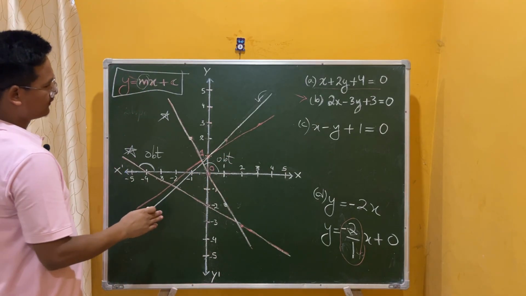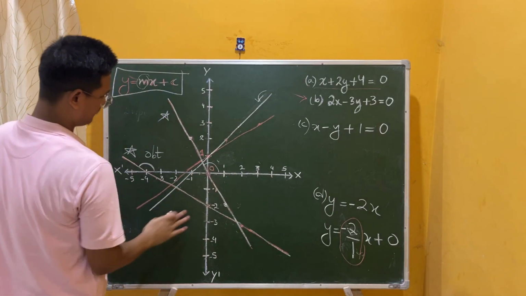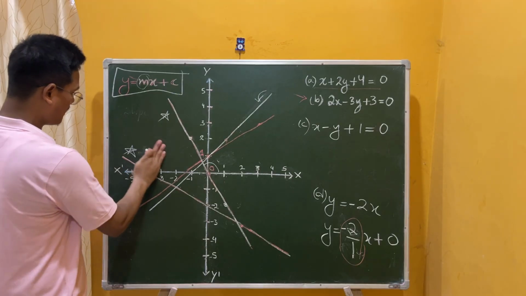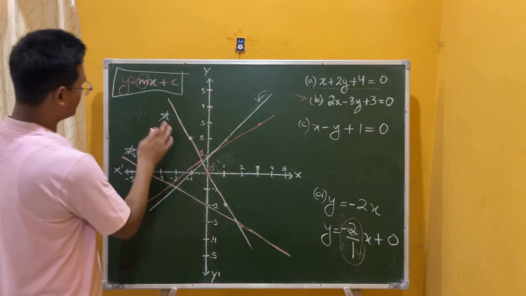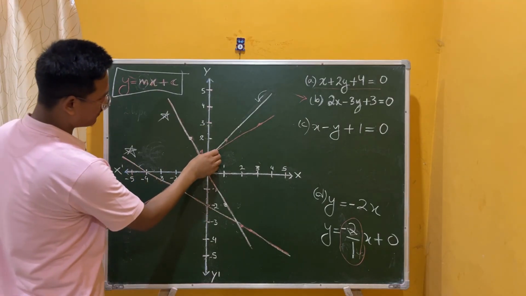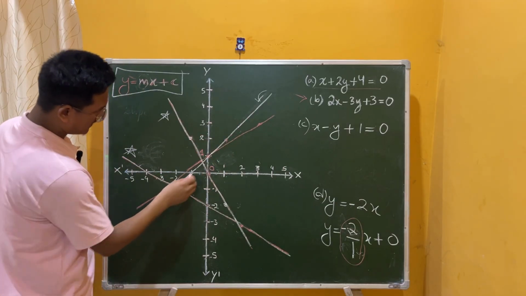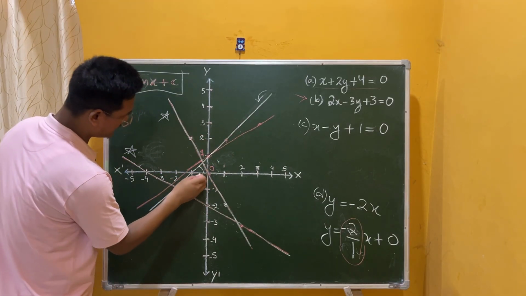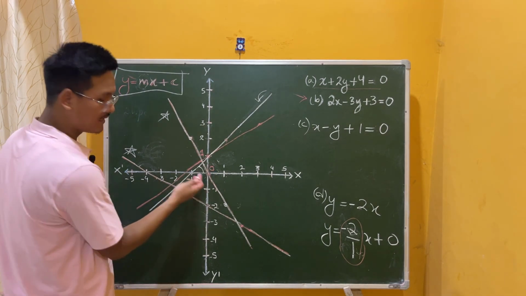While if your m is positive, means if the slope is positive, then the straight line will be in this direction. Means the angle between the x-axis and the line is going to be an acute angle, less than 90.